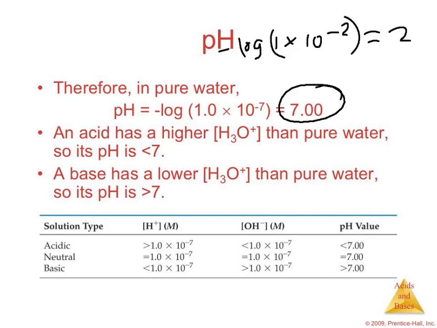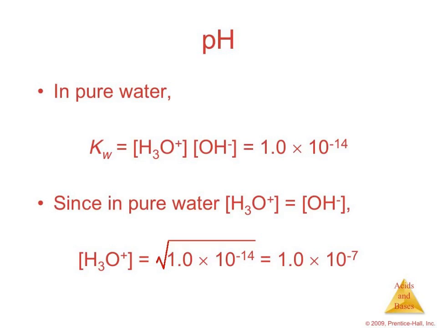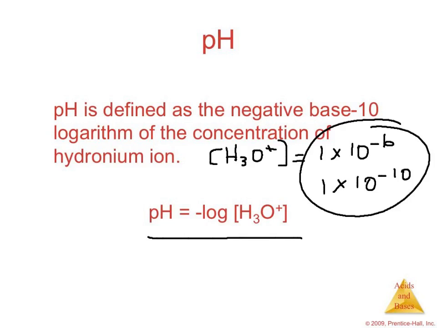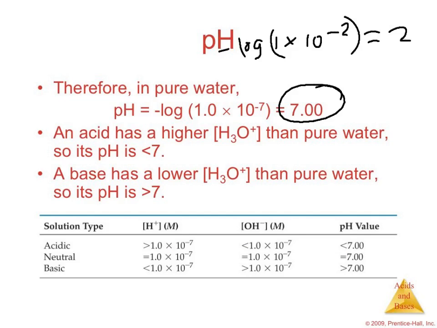So the lower the pH, the more acidic it is, because the higher the concentration of H3O plus. Bases have lower H3O plus concentrations than pure water, so they're always going to have pHs of greater than 7. So they're going to have numbers like the 1 times 10 to the negative 10th that I talked about over here. That gives you a pH of 10, which is a basic pH.